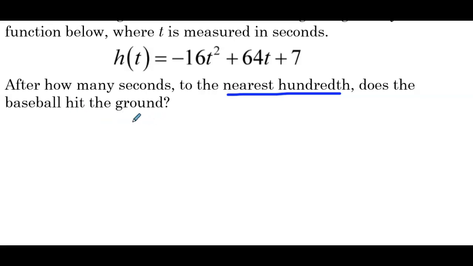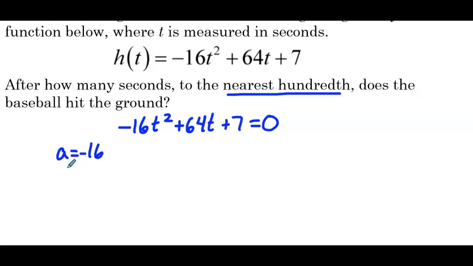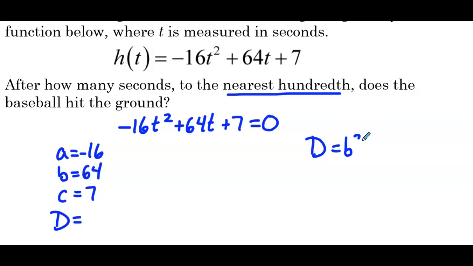So looking for when the baseball hits the ground, we're setting negative 16t squared plus 64t plus 7 equal to 0. And we'll set up the quadratic formula. So a equals negative 16, b equals 64, c equals 7, and our discriminant is b squared minus 4ac.